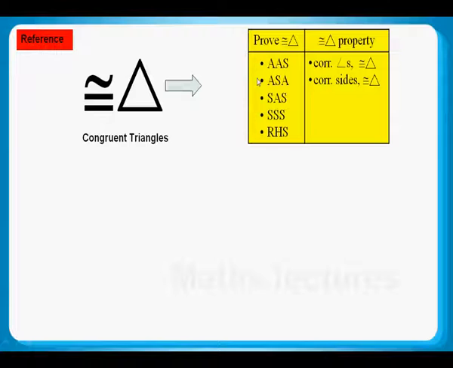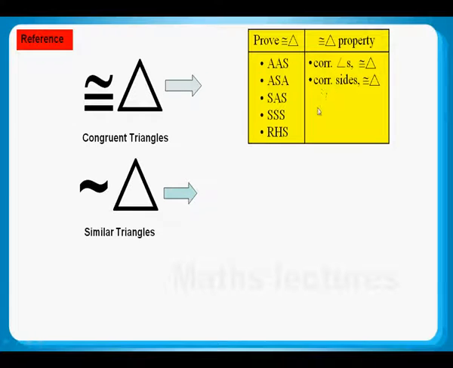Because in question 19 part A, part 1, we have to prove congruent triangles. Let me give you a little bit of reminder in here. Whenever we deal with the congruent triangle, we have two areas to deal with. One area is proof, the other area is the use of properties.